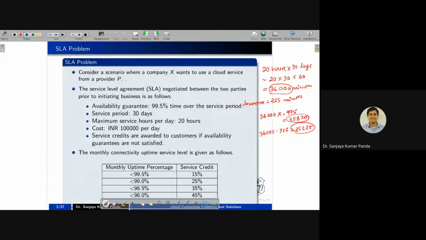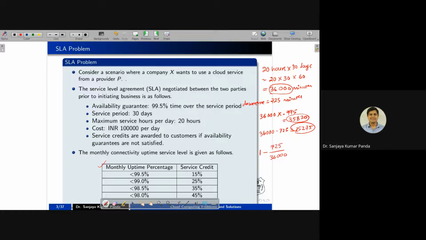Before using this particular table, you should know in which range our uptime percentage lies. In order to find this, we can write 1 minus our outage time, which is 725, out of 36,000.